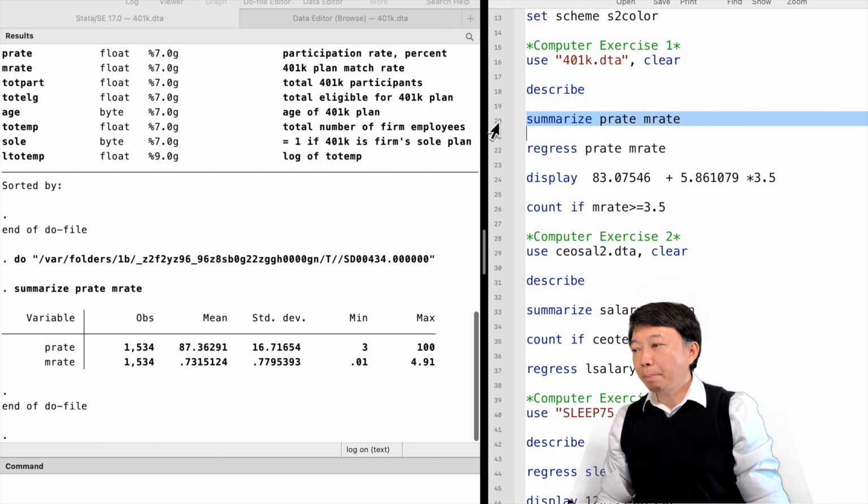We use summarize to find their sample means. The average participation rate is 87.36%. The average match rate is 0.73.